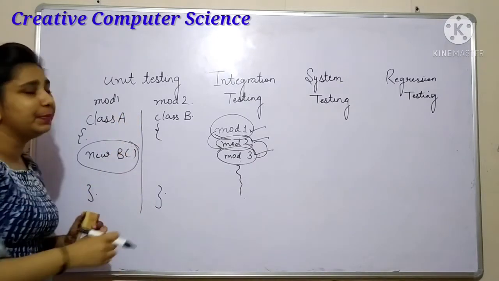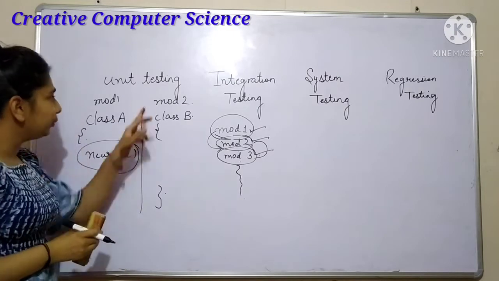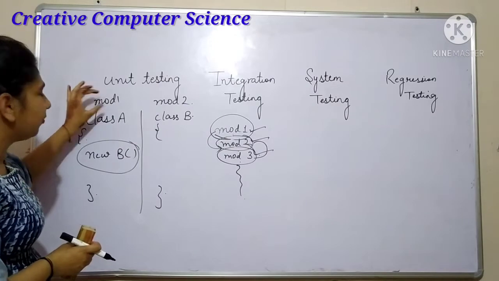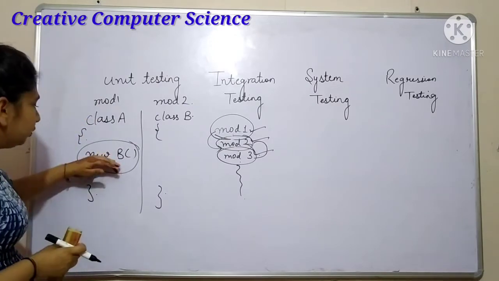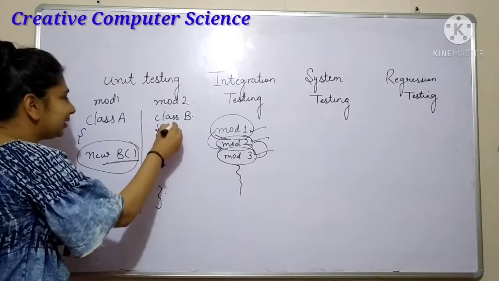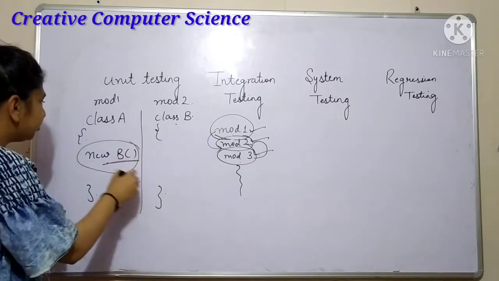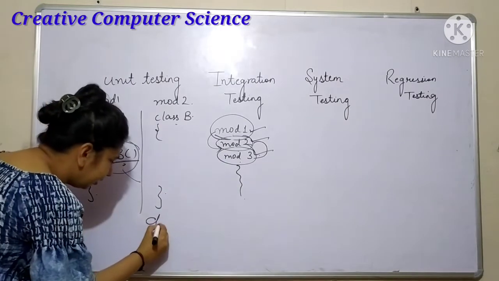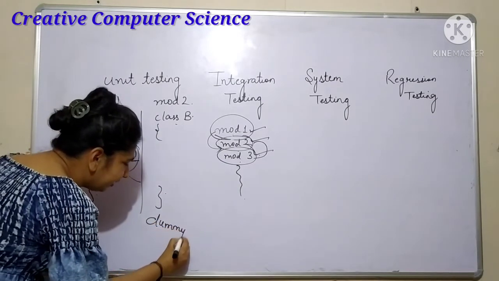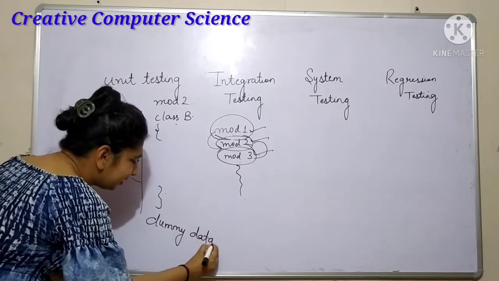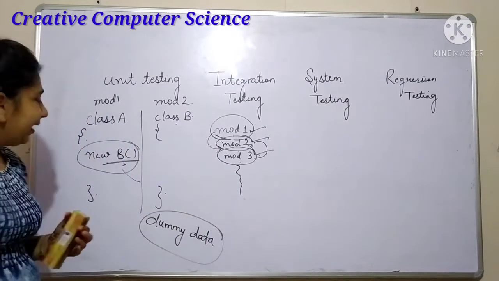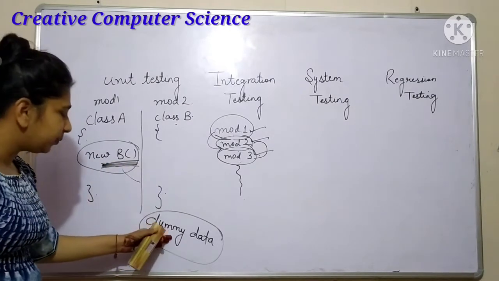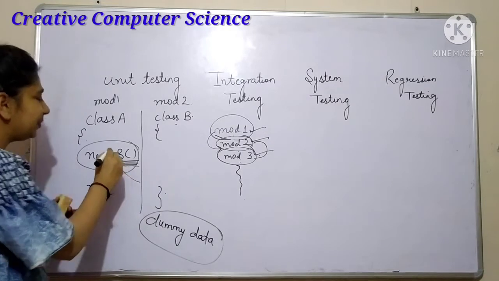If I want to test the class A module, I have to do something so that class A becomes independent of class B. So in unit testing, as I want to test class A, or my module 1, whatever output class B is giving to this module, I just give dummy data to class A. Wherever you are looking at class B, I provide dummy data at this place.